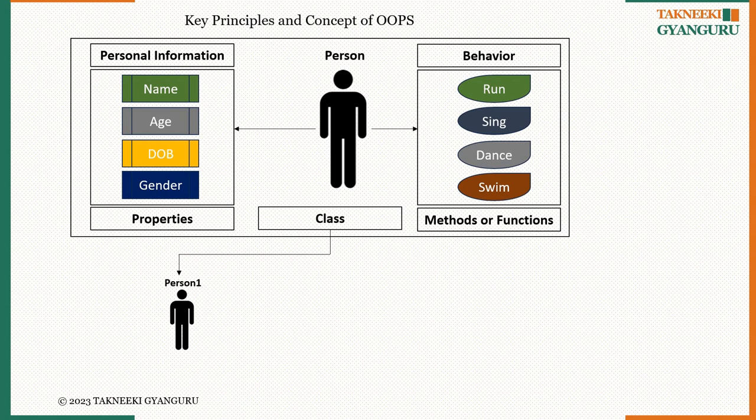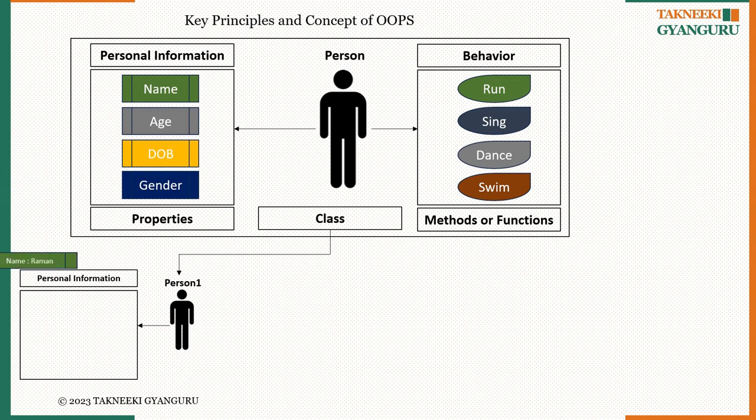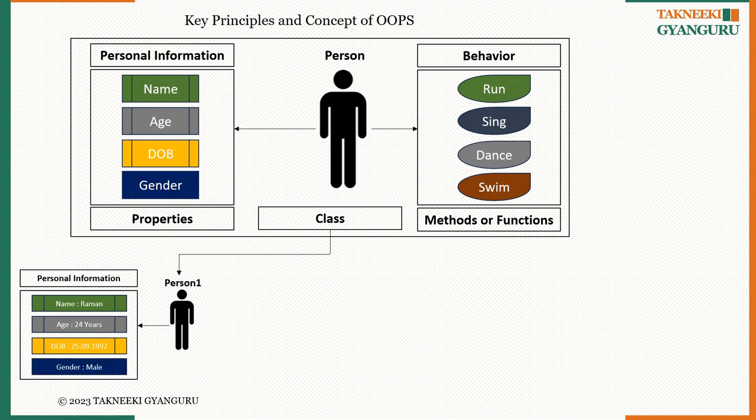So we can create an object from this class, like from person we create person one, and in person one, the personal information we can define like name as Raman, his age should be 24 years, it may be anything, right? And date of birth 25th 9 1992, gender male. This information is imaginary, it is not related to anyone, so you can define any properties, right?